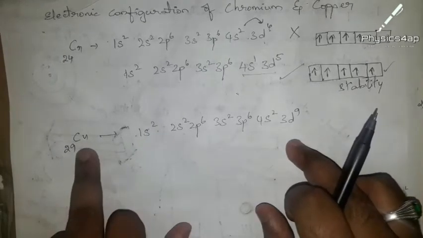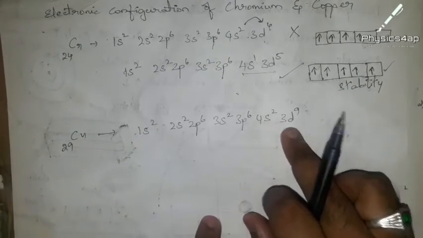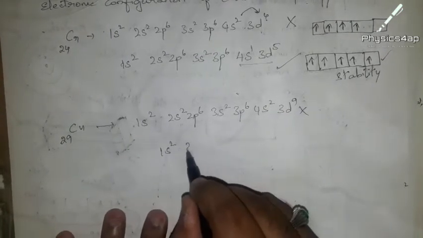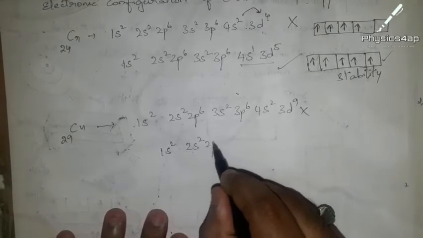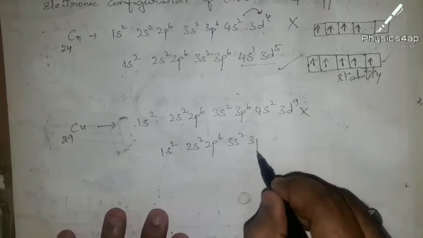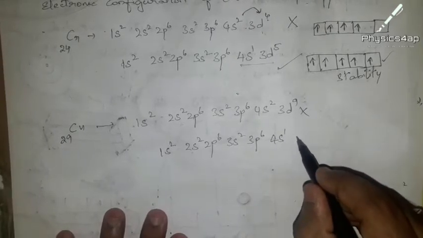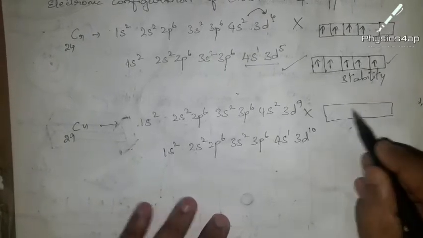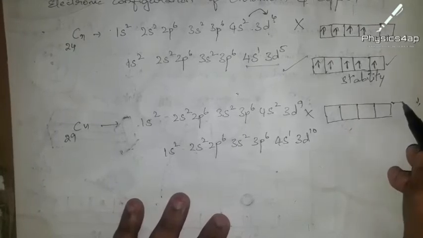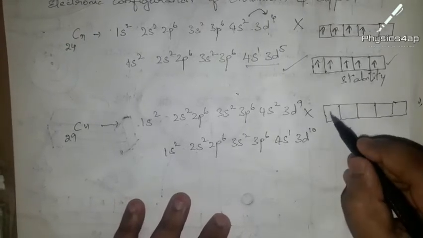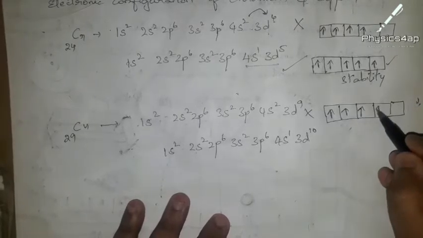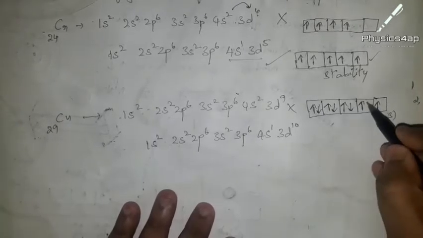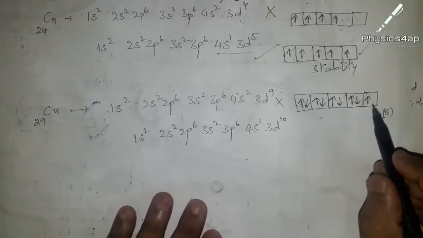The same applies to copper also. Here 4s2, 3d9 is wrong. The correct electronic configuration is 1s2, 2s2, 2p6, 3s2, 3p6, 4s1, 3d10. When we write the degenerate orbitals, 1, 2, 3, 4, 5, 6, 7, 8, 9, that means to be completely filled, 1 is less.